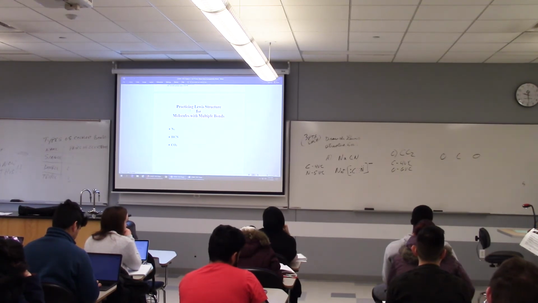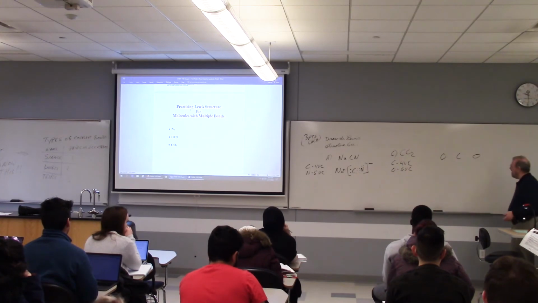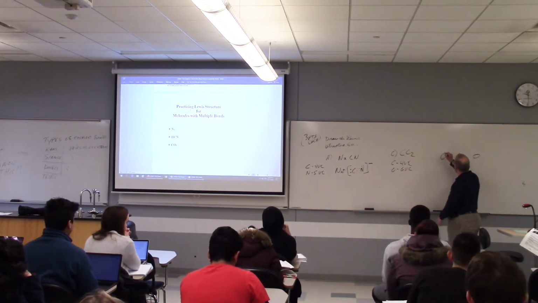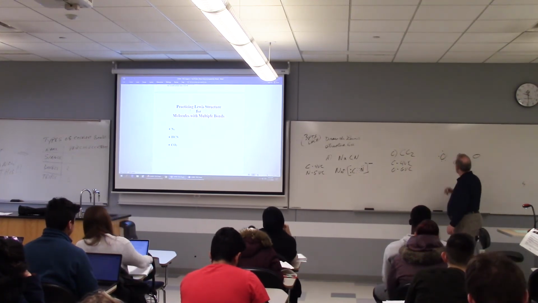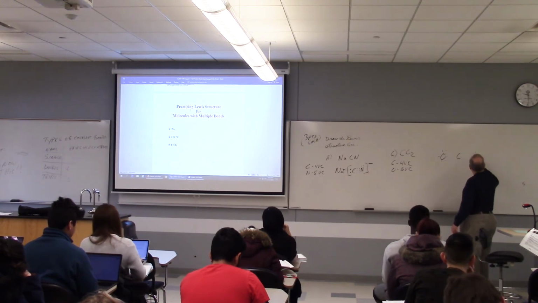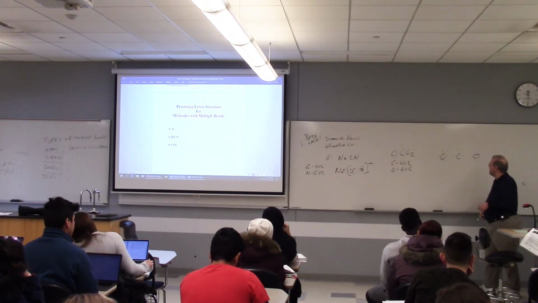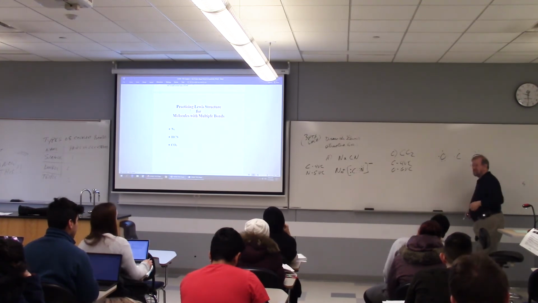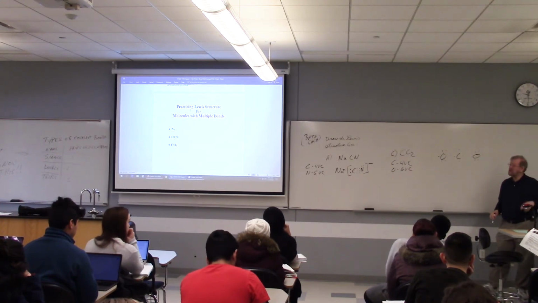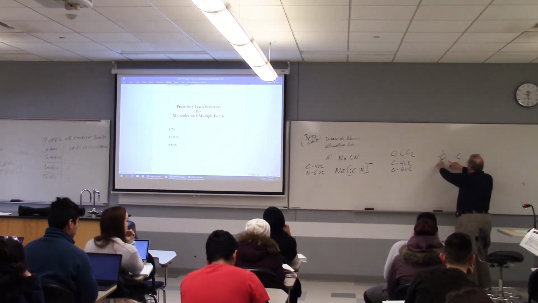All right, let's do this. How do we do this? We look at oxygen, 6 valence electrons. Carbon, 4 valence electrons. Carbon here looks at that oxygen and says, oh look, you have 2 unpaired electrons, I have 2, let's share.